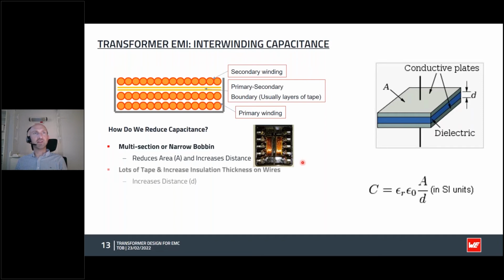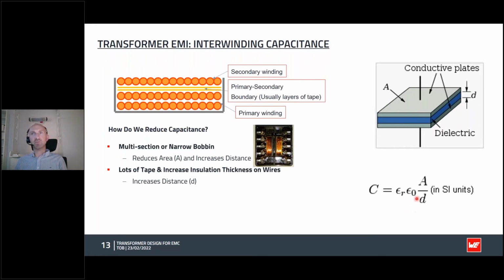Another parameter we can change is this distance. If we look here, the distance is in the denominator, so if we increase that, we will reduce the capacitance. A simple way to do that is by increasing the thickness of the tape, or the number of layers of tape we have between the primary and secondary.